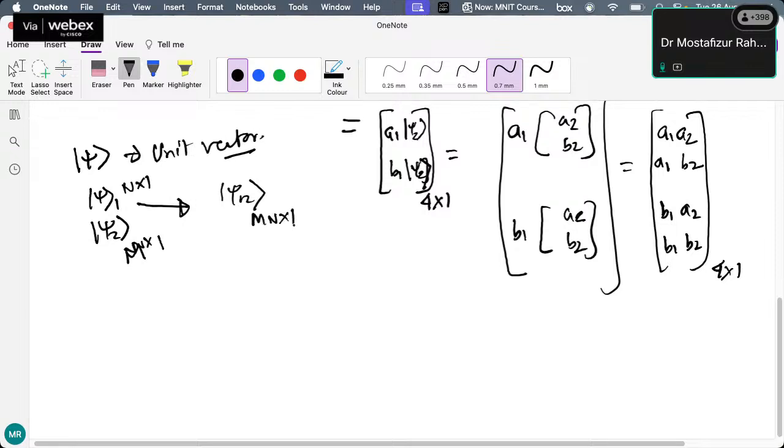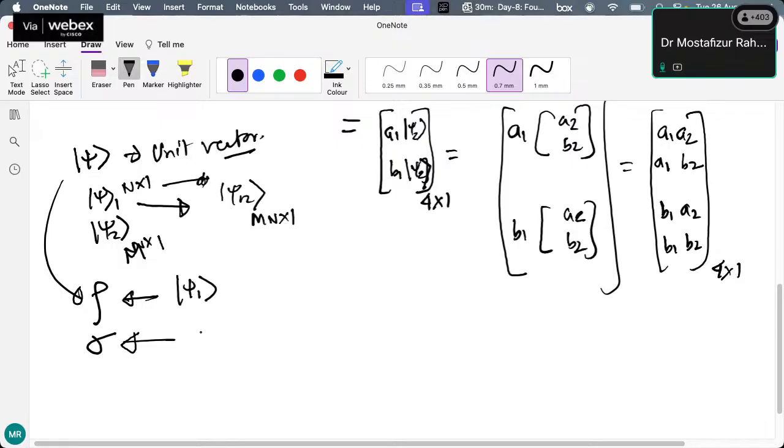It's another vector. Also, yesterday we defined the density matrix, right? So out of it we can form a density matrix. Now, for psi1, the density matrix is rho, which belongs to the state psi1. It's one ensemble description in the density matrix form. And suppose there is another matrix sigma, coming from the density matrix of the state psi2, right?